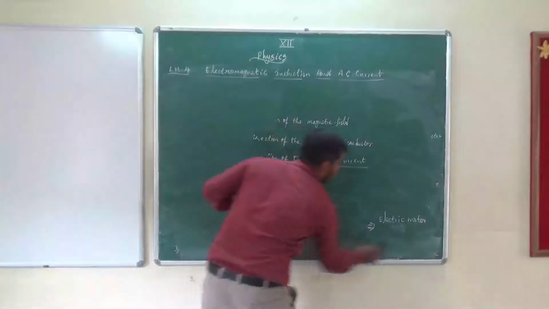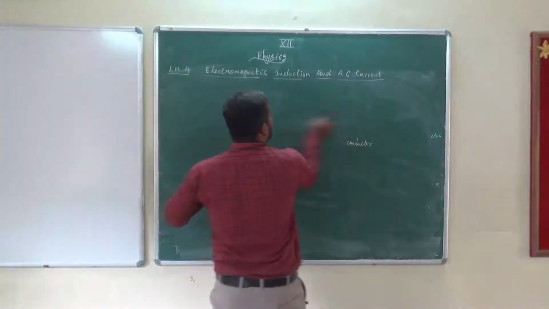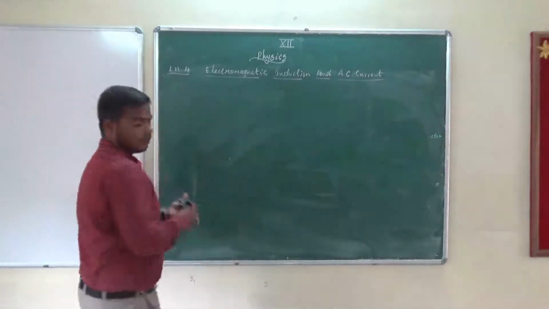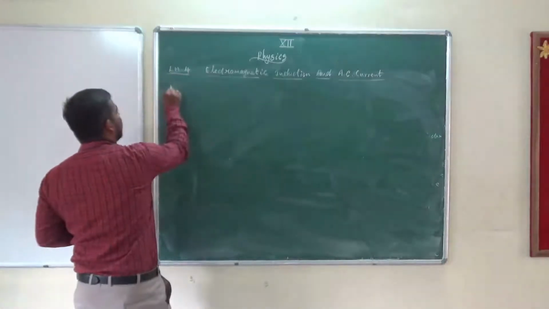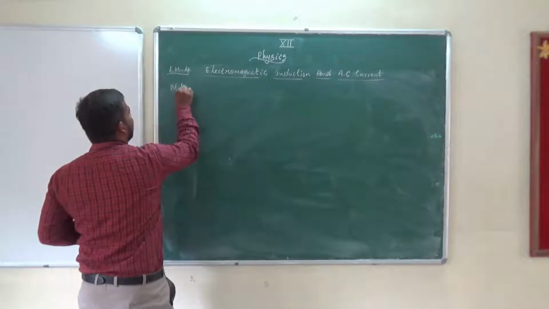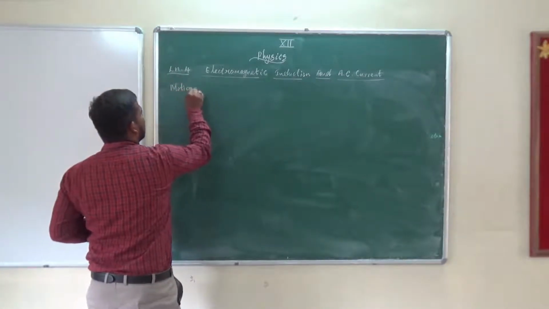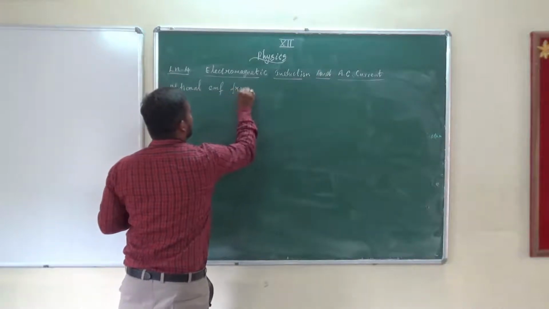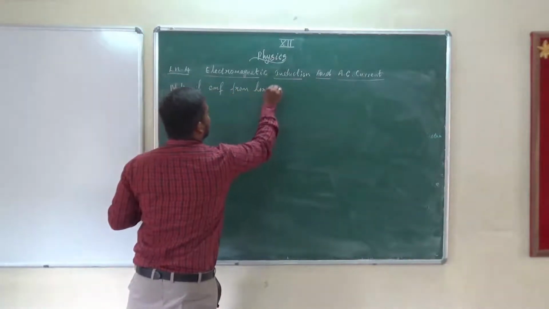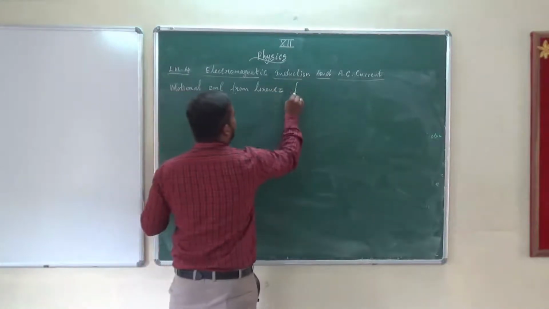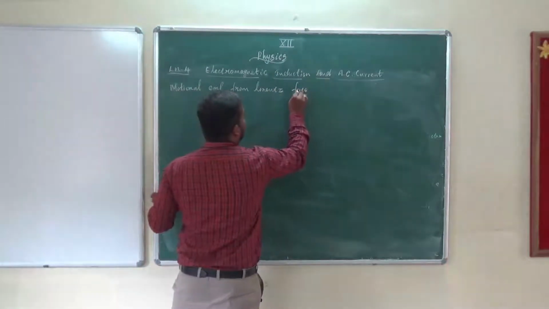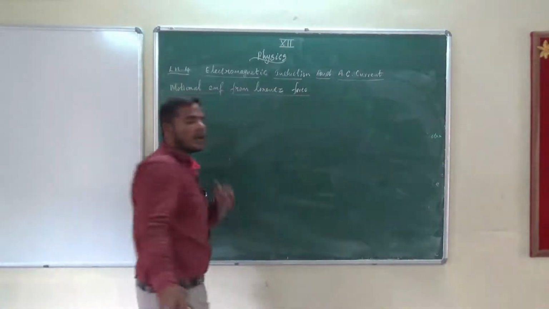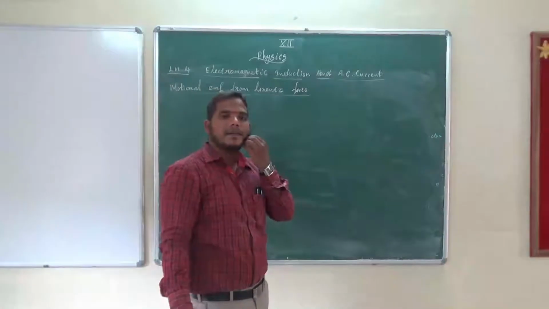So next our topic is motional EMF from Lorentz force. This is an important 5 mark or 3 mark question. We already discussed Lorentz force in our previous chapter 3.